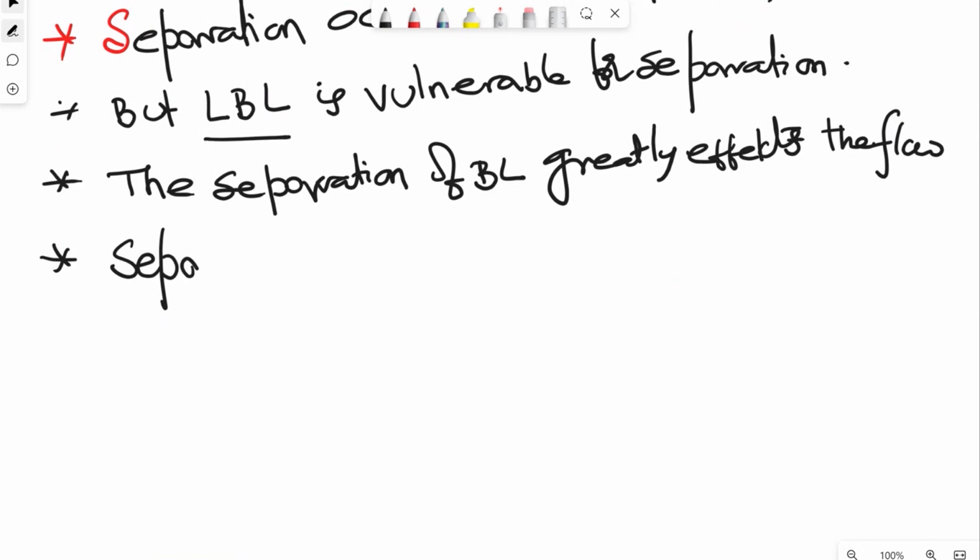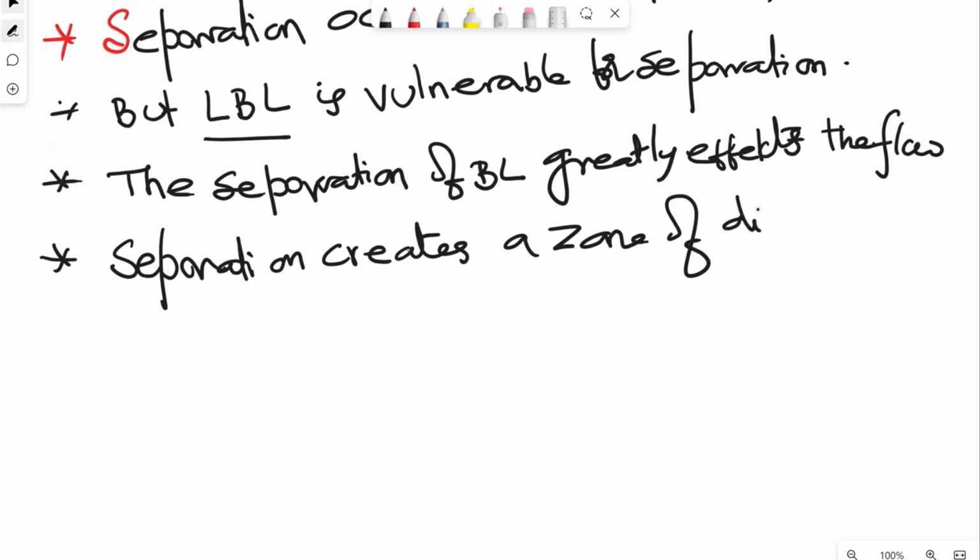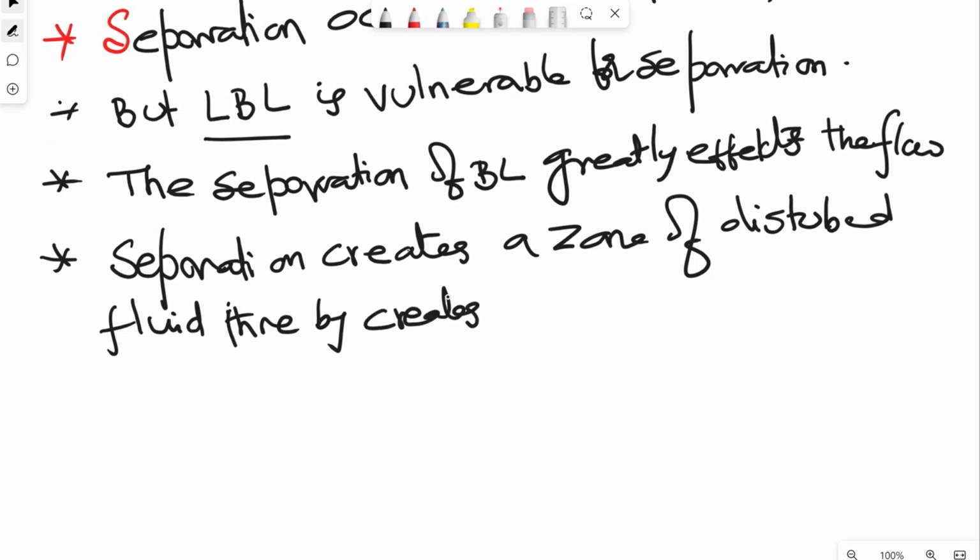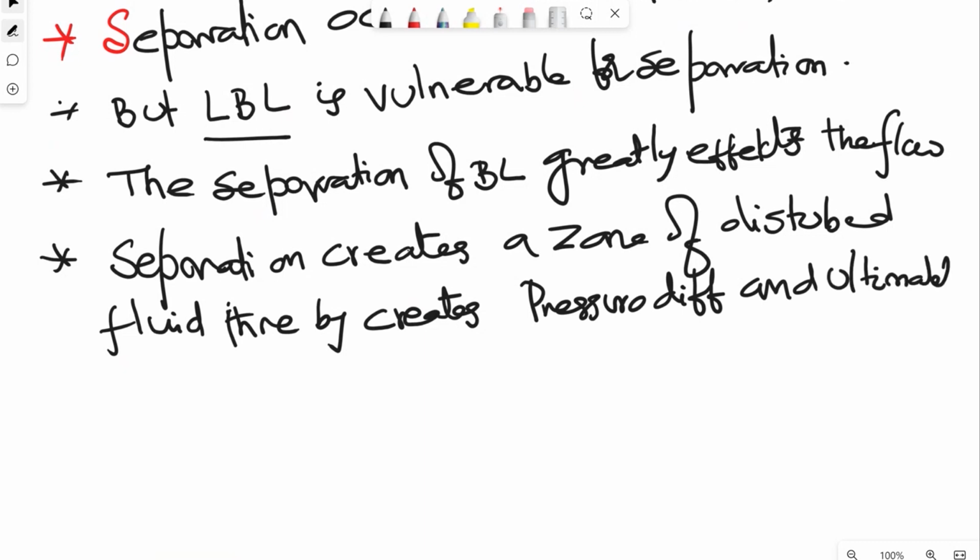Separation creates a zone of disturbed fluid, thereby creating a pressure difference and ultimately pressure drag.